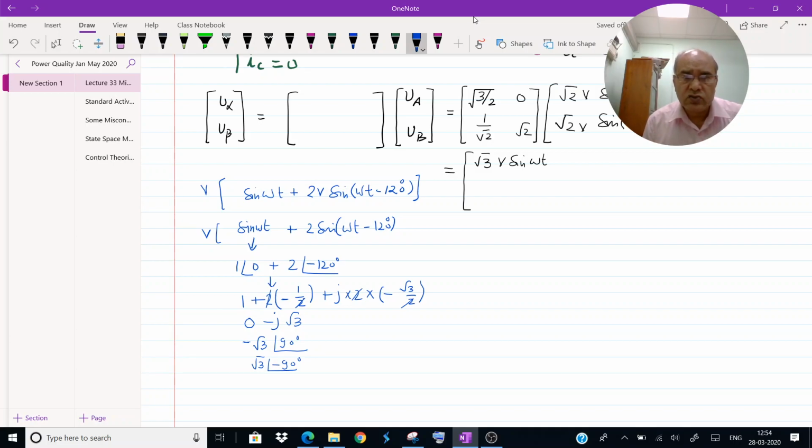Again convert back into sine, it becomes root 3 sine of omega t, or plus 90 degree.